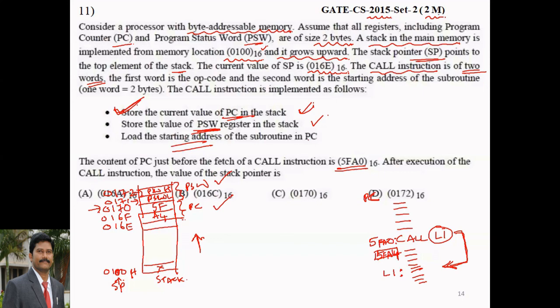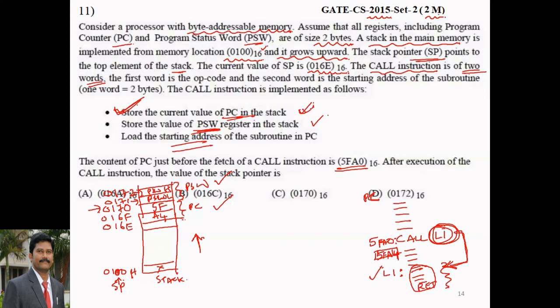Now the starting address of the subroutine is loaded in PC, so that execution starts from location L1, that is, execution of the subroutine program. At the end of the subprogram there is a return instruction that is not given. So putting L1 in PC will not affect this, because that is not related to the stack memory.